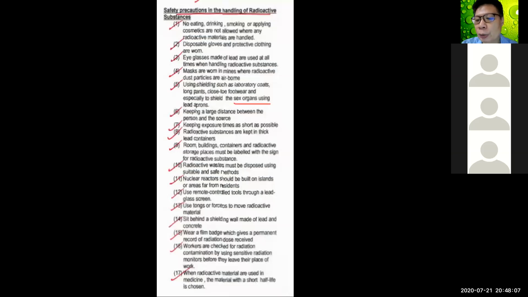Can you tell me three precautions that must be taken when you are handling radioactive material? Three precautions, can you type? Or you say, if you don't want to say, you type. No need to type the whole sentence, type the keywords can already.